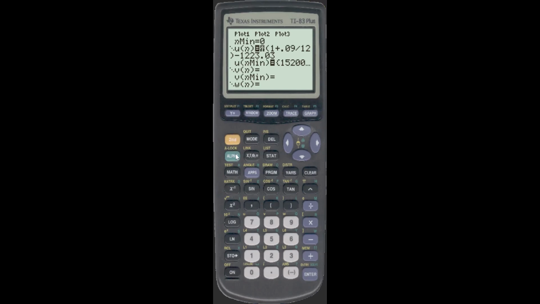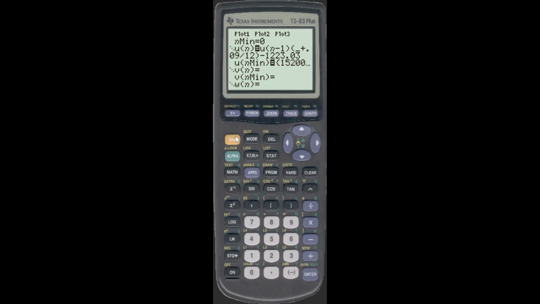So second, insert second U, second insert parentheses, n minus 1, close parentheses and delete that. Nope, we wanted that one. Second insert parentheses. Okay, that might work.